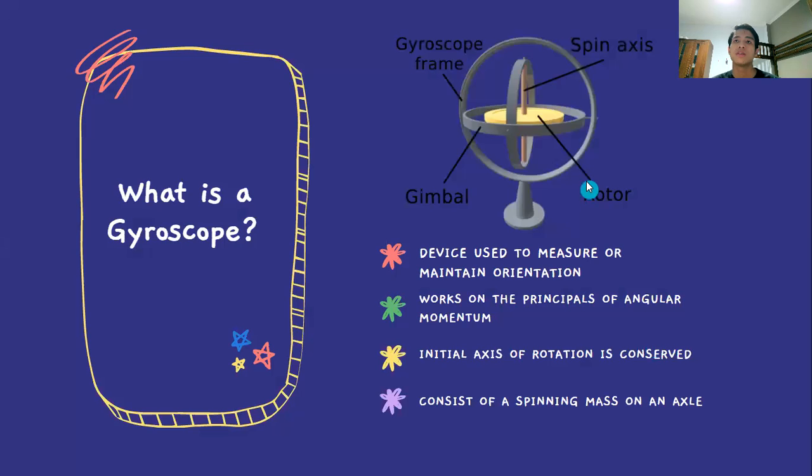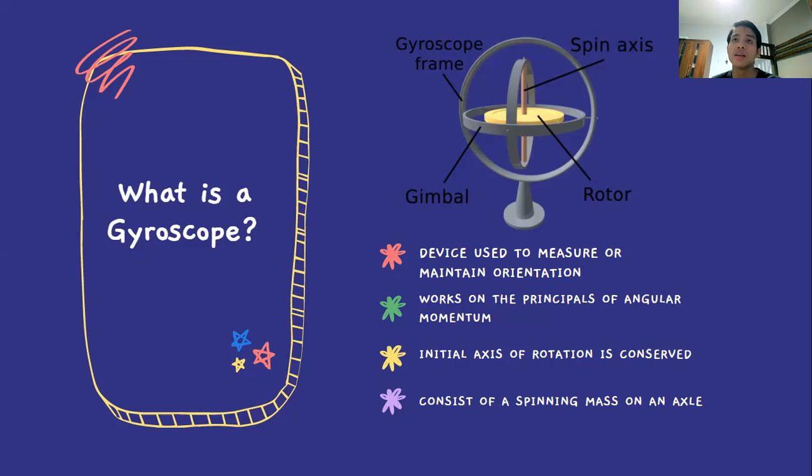Okay, so first of all, what is a gyroscope? As we can see on the right side of the slide, there is a model of the gyroscope. It consists of the gyroscope frame, and then the spin axis, gimbal, and also a rotor.